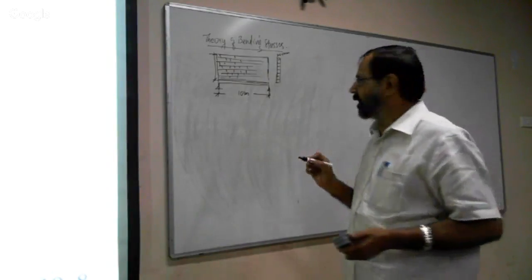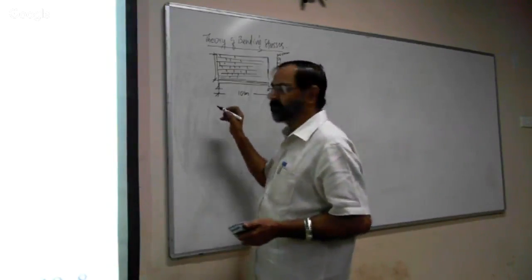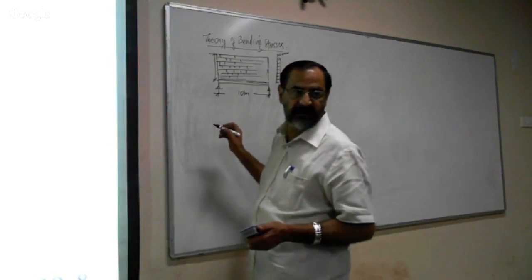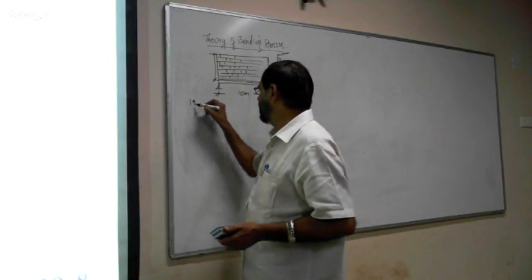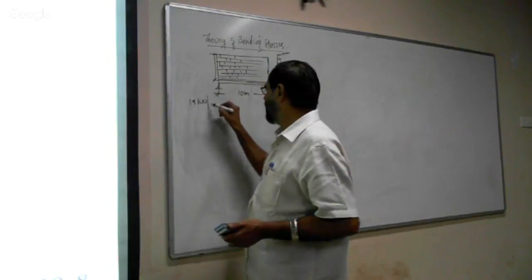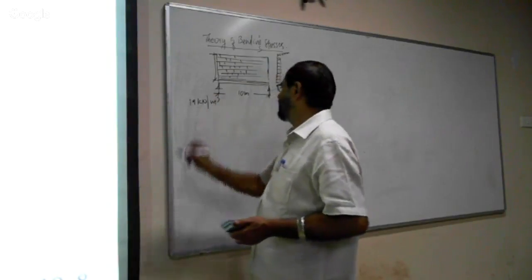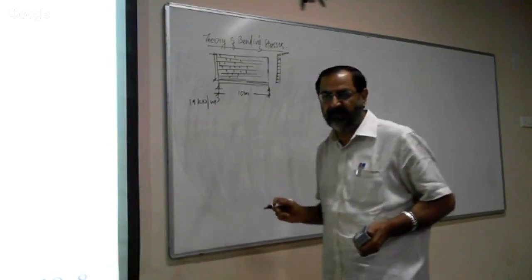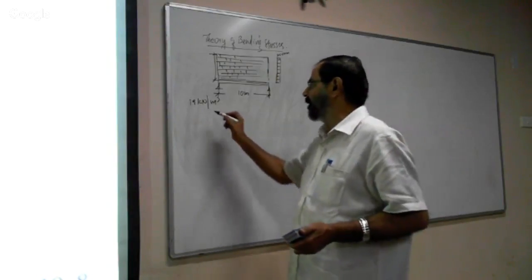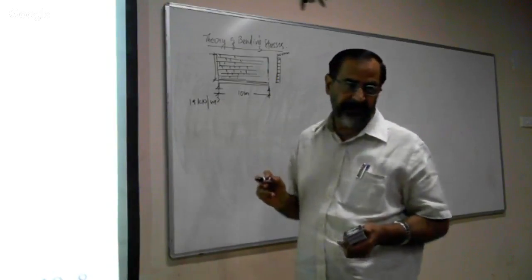The unit weight of the brick is given as 19 kilonewton per meter cube. That is, 1 meter cube of brick weighs 19 kilonewton.